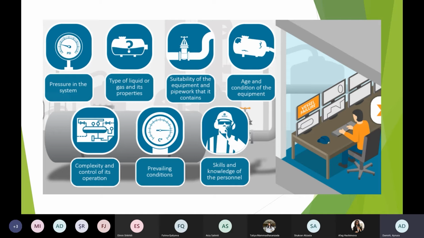So, vessel failure, as I've mentioned before, leads to failure of equipment. It's pressure in the system.